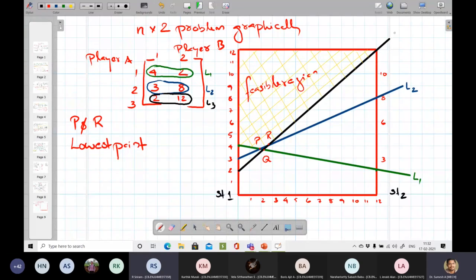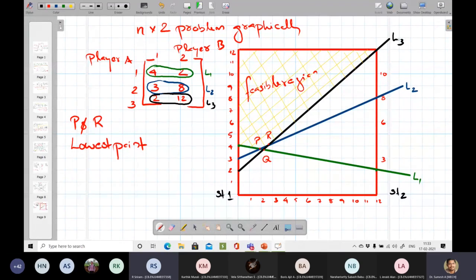Okay, so that is the way in which we normally select in the case of n by 2. For n by 2 it will be the top region and for 2 by n it will be the bottom region. That is the way we normally select it, based on the functional values only.